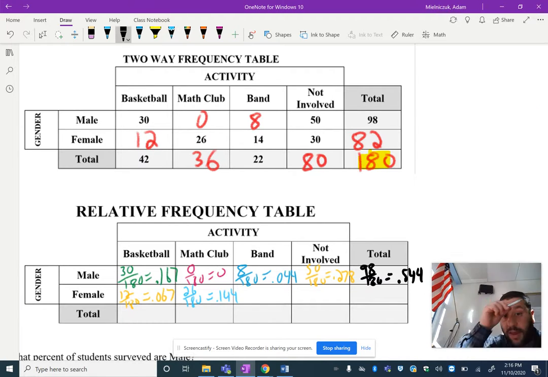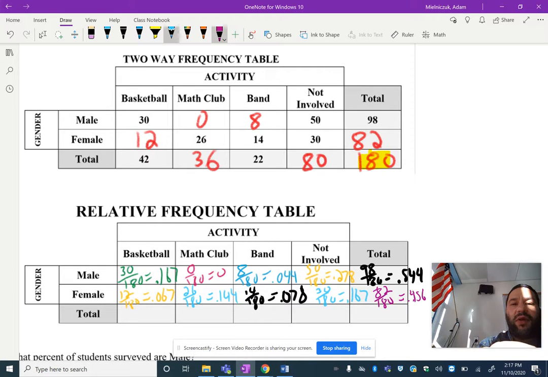And then we got 14 out of 180, which is 0.078. And then we got 30 out of 180, which we already did. We know that is equal to 0.167. And lastly, we would do 82 out of 180, which is 0.456.